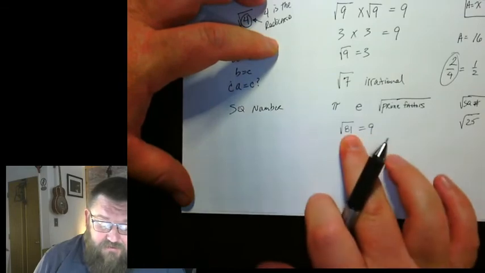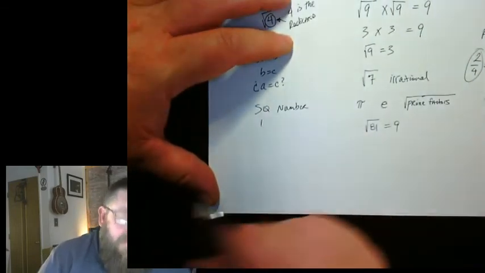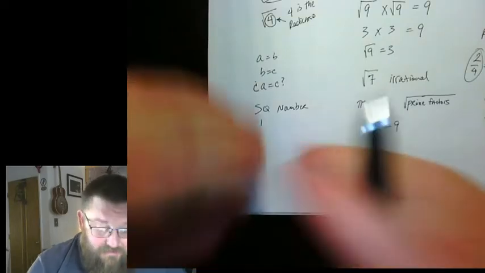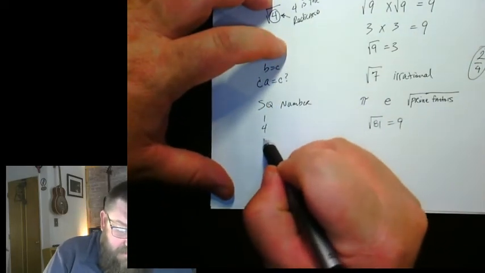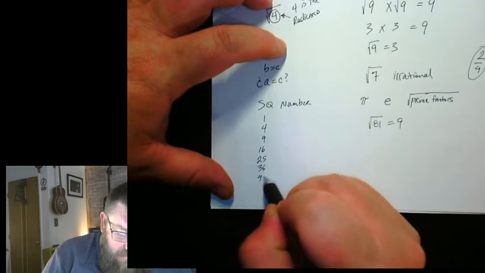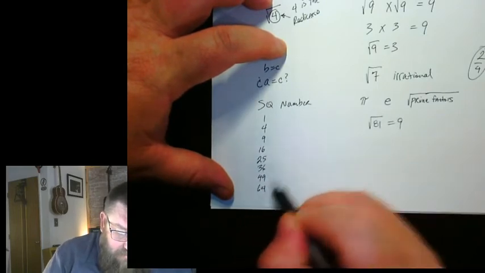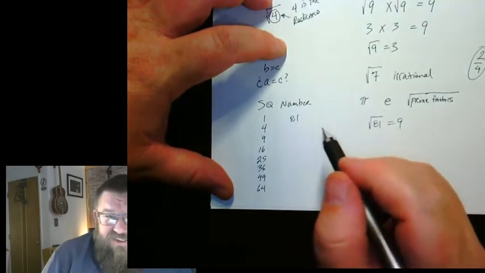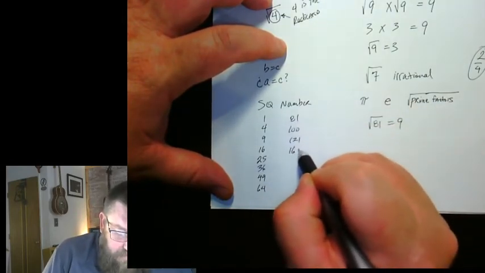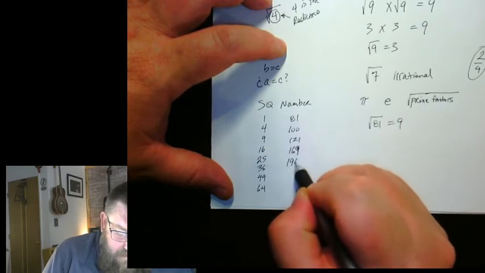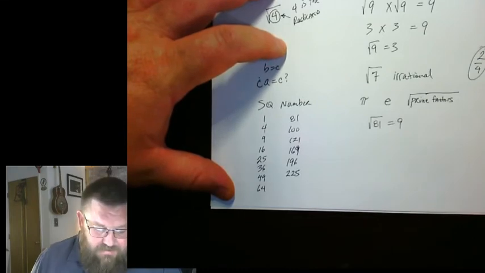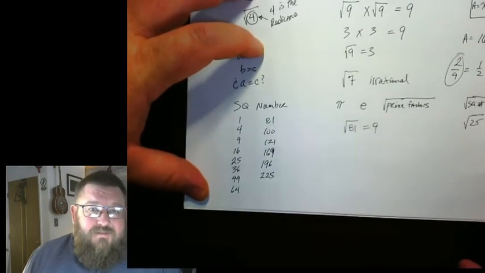But you have to know what square numbers are. So square numbers are, if you take a number and you multiply it by itself, the product is a square number. So the square numbers would be 1, 4, 9, 16, 25, 36, 49, 64, 81, 100, 121, 169, 196, 225.